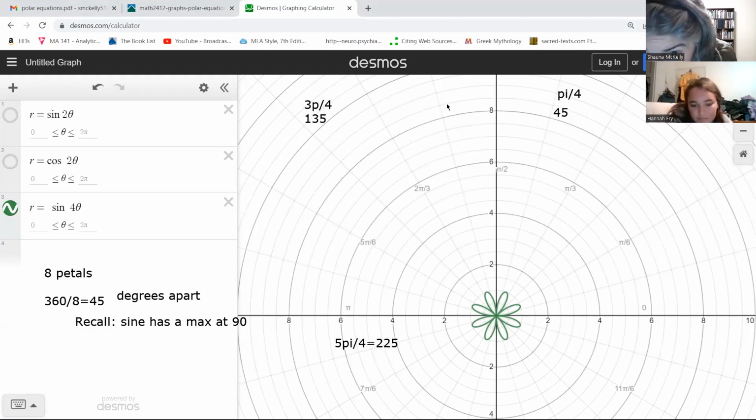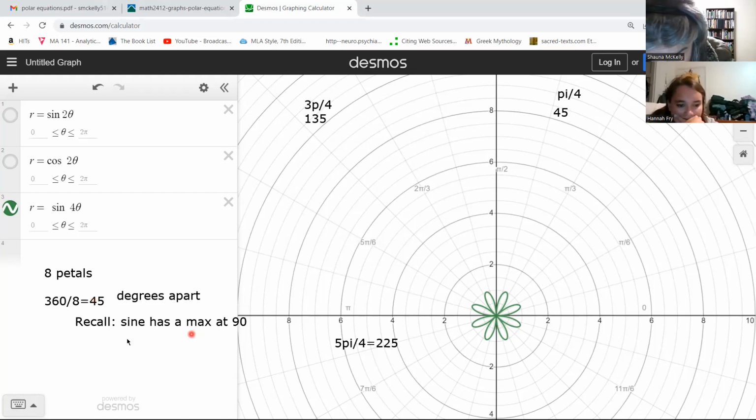This is our 90-degree line. Notice we have 2 petals in there. So these are 8 petals and they're 45 degrees apart.